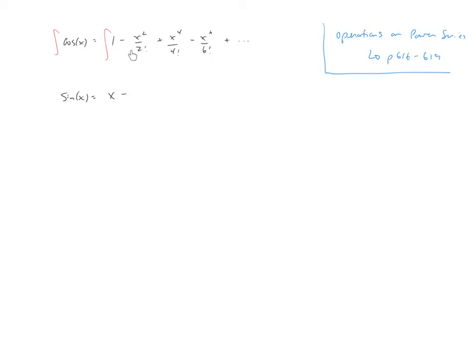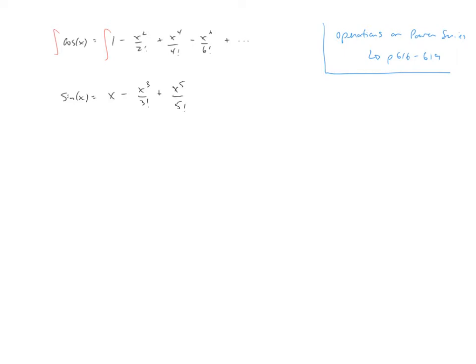When you divide by the 3, that's going to be a 3 times 2 factorial, which is just a 3 factorial. So we're going to have our x cubed over 3 factorial plus, and then similarly, add 1 to 5, divide by the 5. 5 times 4 factorial would just be 5 factorial. So that's going to be plus x to the 5th over 5 factorial.